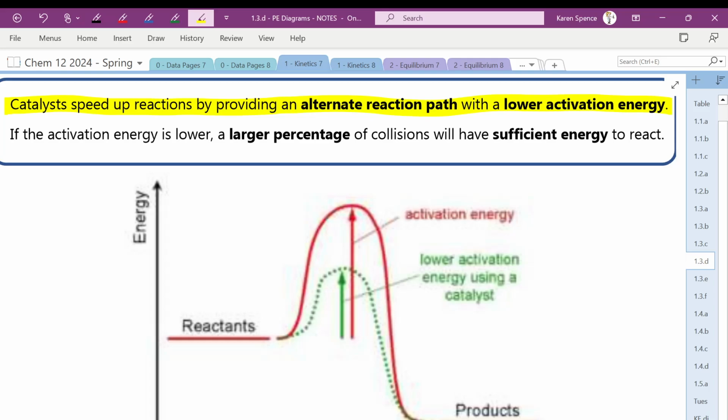So they lower the activation energy. How do they do that? They provide an alternate reaction path.